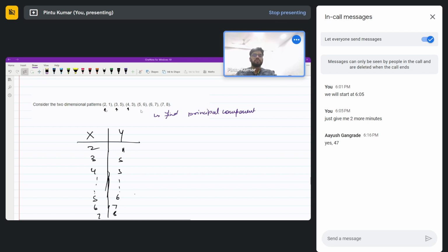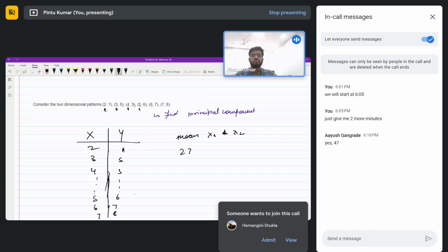So the first step would be to find the mean of x1 and x2. What is the mean of x1? This is 2, 3 plus 3, 5, plus 4, 9, 5, 9, 5, 14, 20, 27. How many points are there? 1, 2, 3, 4, 5, 6. So 27 by 6.